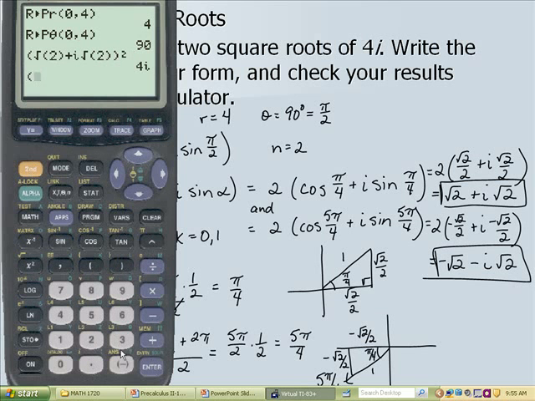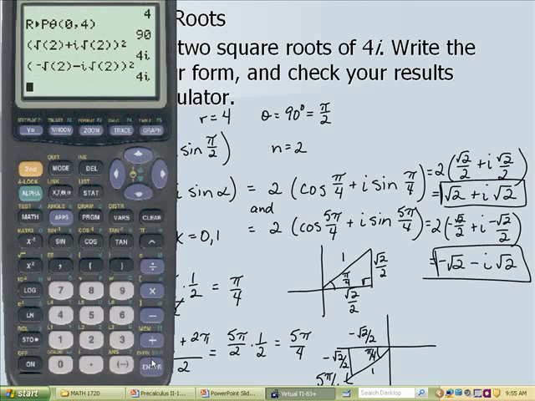And let's do the same with our negative value. So we have negative square root of 2 minus i square root of 2 squared, and we see we also get 4i.